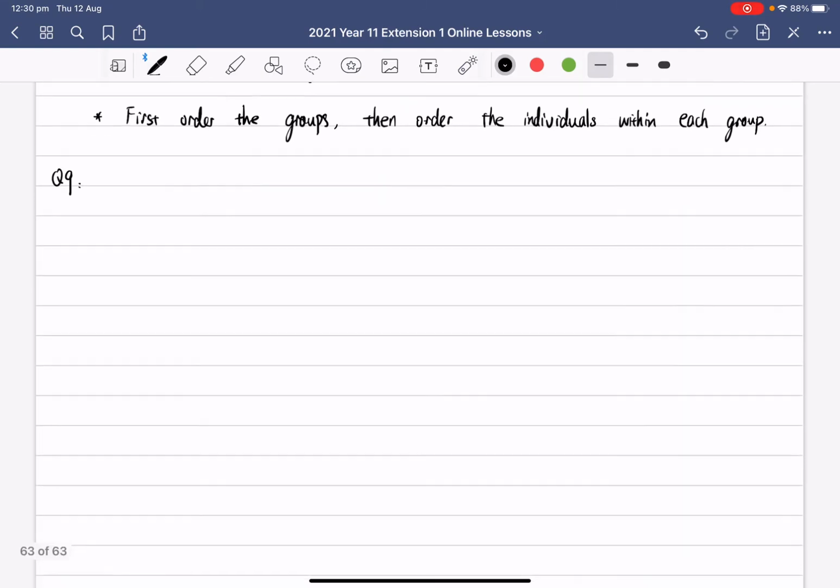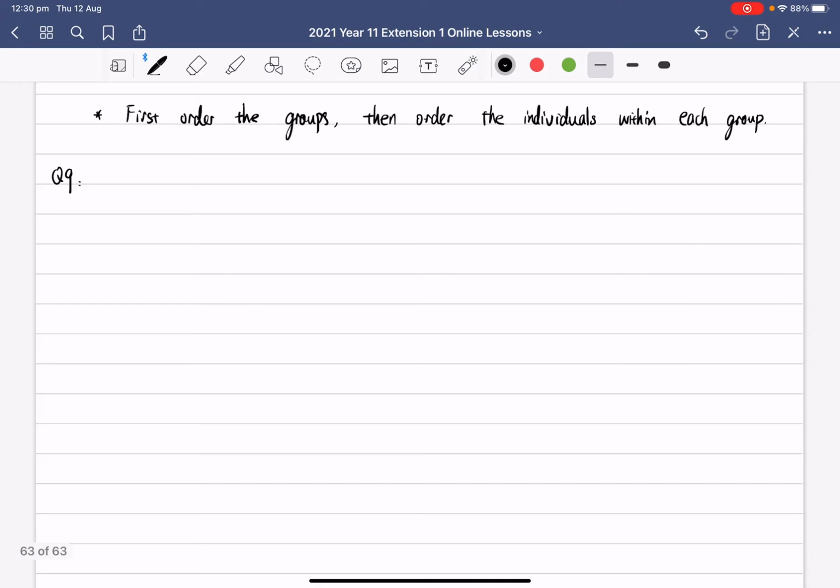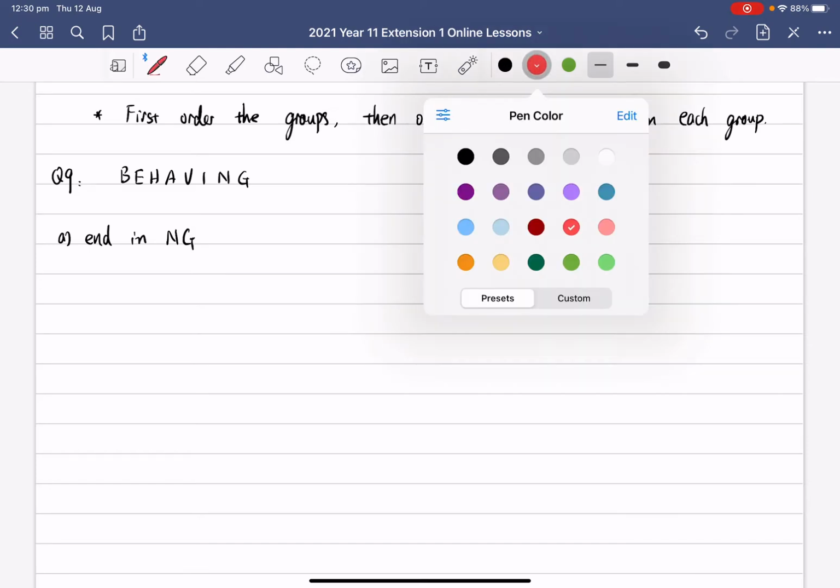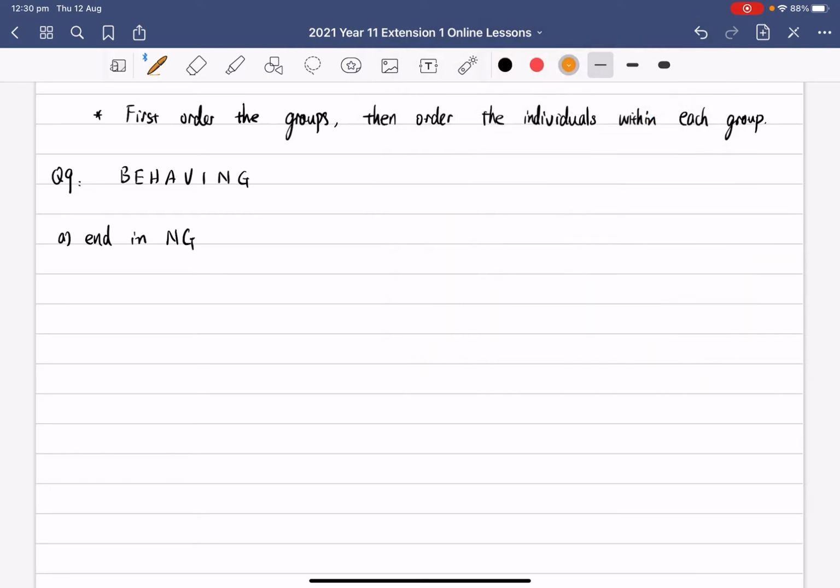We've got the word behaving. The first part of the question asks how many different arrangements of the letters of the word behaving end in NG. So that's the first question. End in NG. How do we do this question?